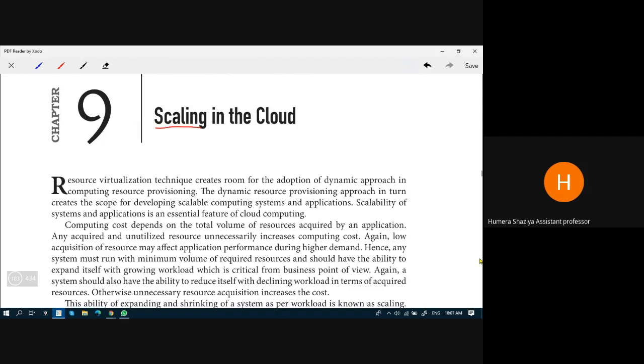Students, scaling is one of the important characteristics of cloud.